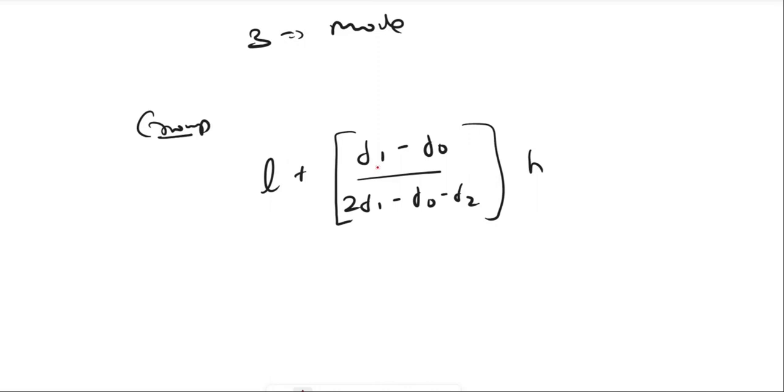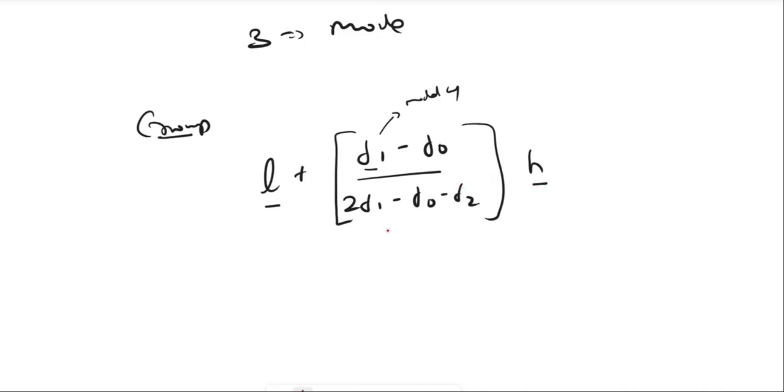F1 is the frequency of the modal class. F0 is the frequency of the class which precedes the modal class. F2 is the frequency of the class which succeeds the modal class. L is the lower limit of the modal class, and H is the size of the class, that is the interval.